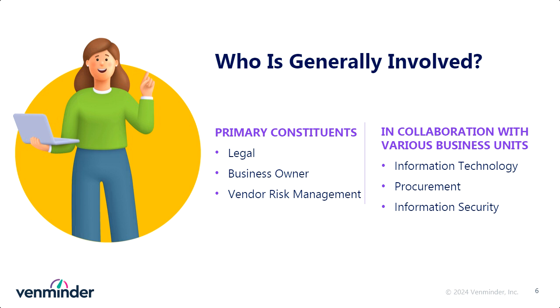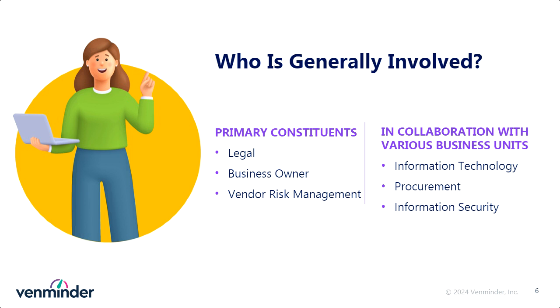Who is generally involved in the contract process is going to be dependent on the organization. But what we typically see is that there are two sets of people. One are your primary constituents. These are generally the groups within your organization who have the responsibility for ensuring that the contracts are written appropriately and managed and stored appropriately.